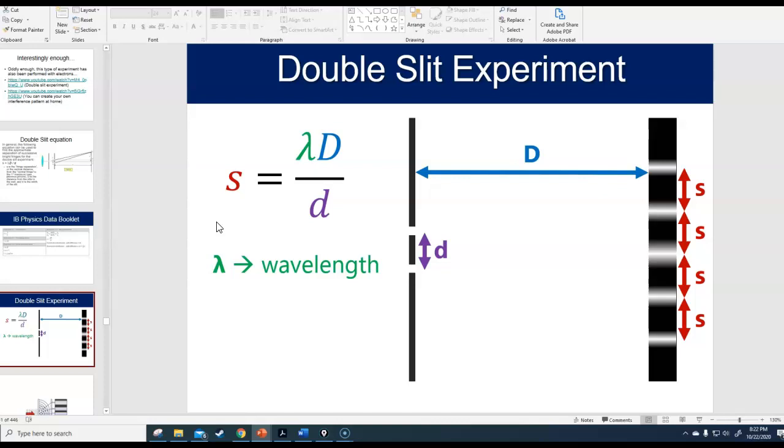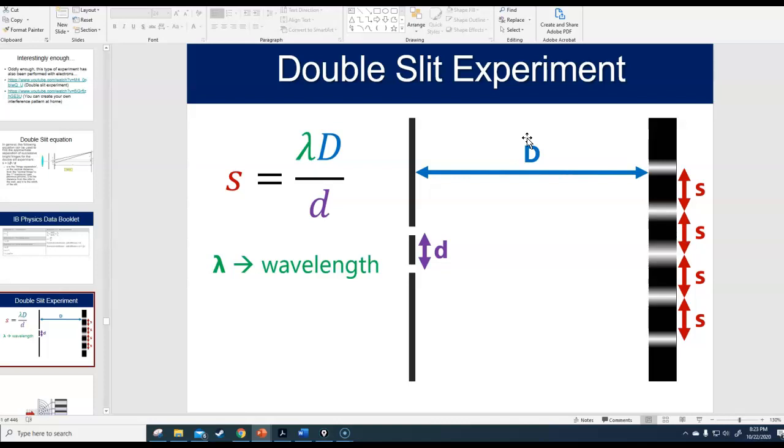So notice here that S is basically the vertical distance between two bright spots. The central fringe, that's that big bright spot right here in the middle. The first maximum next to that is up here or down here, and that separation is S.